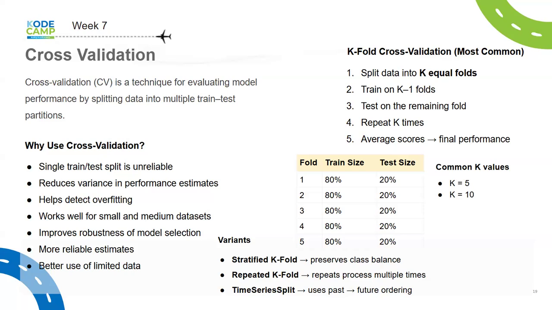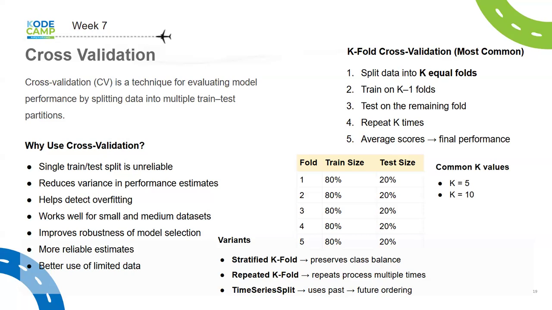For example, you do a test train split of 80-20, like what you're seeing here, and then a lot of the items go into the 20 side, which is the test. So what cross-validation does is that it effectively does multiple test train splits. We'll look at that methodology later.